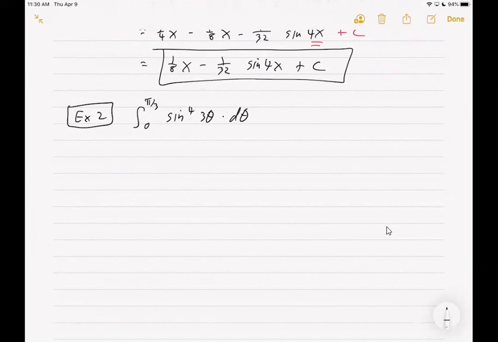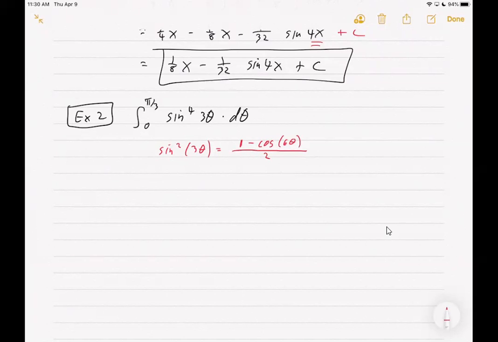So you can see there isn't a cosine in there. That means it's cosine to the 0 power, right? So to handle this, we have to use our trig identity that the sine squared of 3 theta would be equal to 1 minus cosine of 6 theta, we have to double that angle, all over 2, and we're going to do that twice, right?